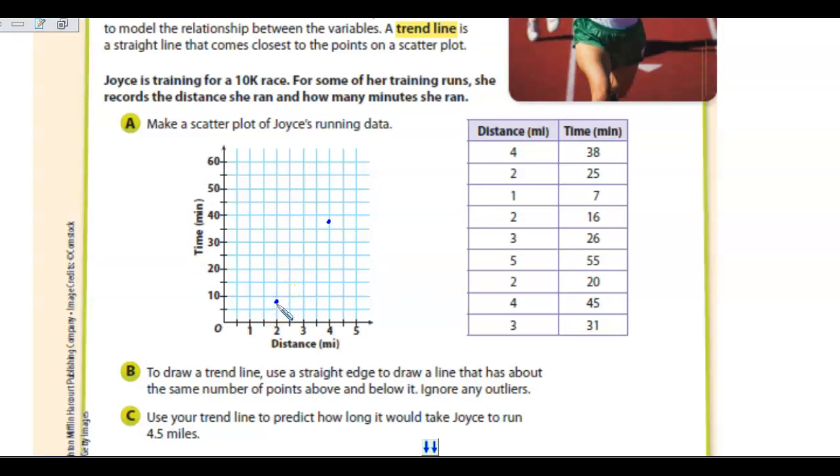Oh, sorry, that 2 miles is 25. 1 and 7. 2 and 16. 3 and 26. 5 and 55. 2, 20. 4, 45. And 3, 31.